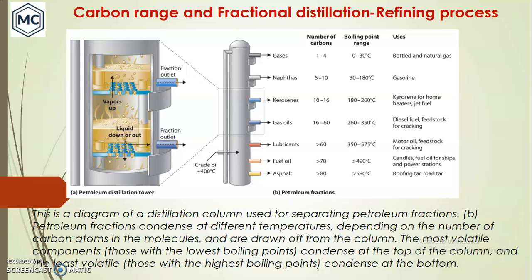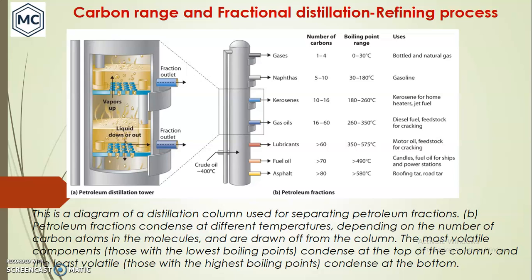In this slide, I'm going to take you through different carbon ranges and what is meant by fractional distillation. Since petroleum is a complex mixture of hydrocarbons, it has to be separated. This is a diagram of a distillation column used for separating petroleum fractions.